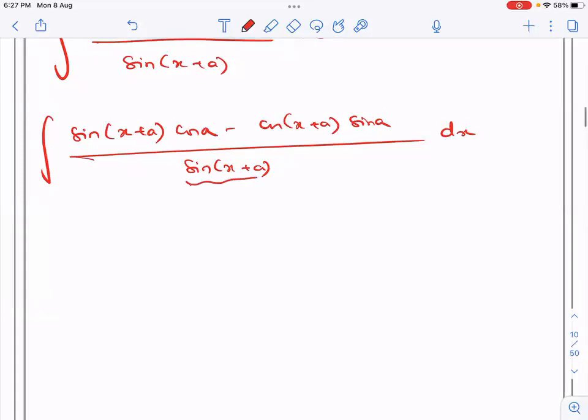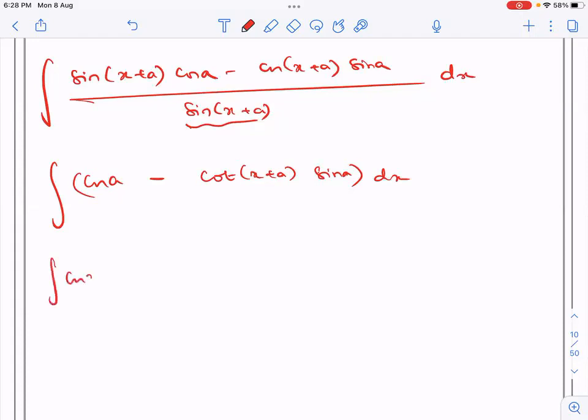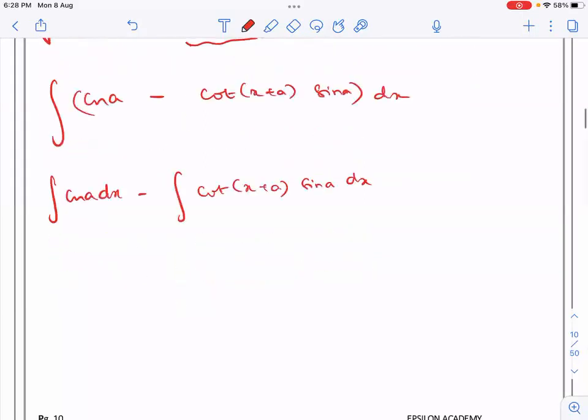Now split the sin of x plus a to each term. What will happen? Integral of cos a minus cot of x plus a sin a dx. Right? So it will become integral of cos a dx minus integral of cot of x plus a sin a dx. So what is the integral of cos a dx?